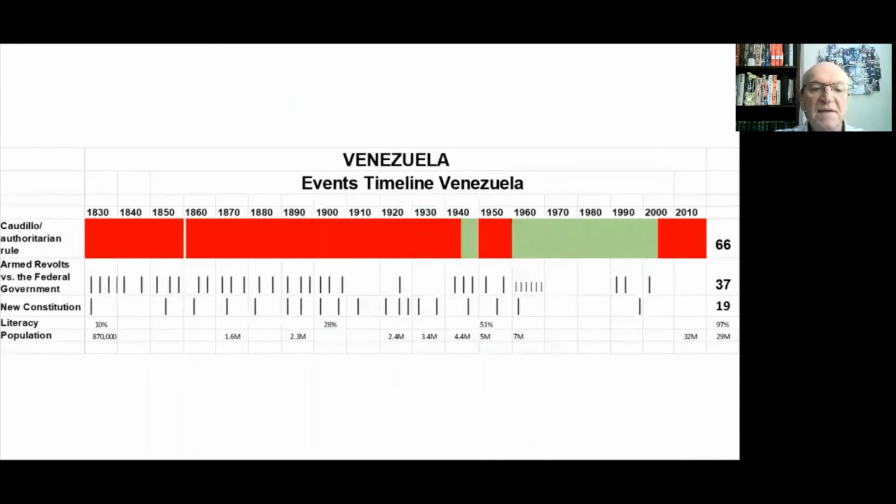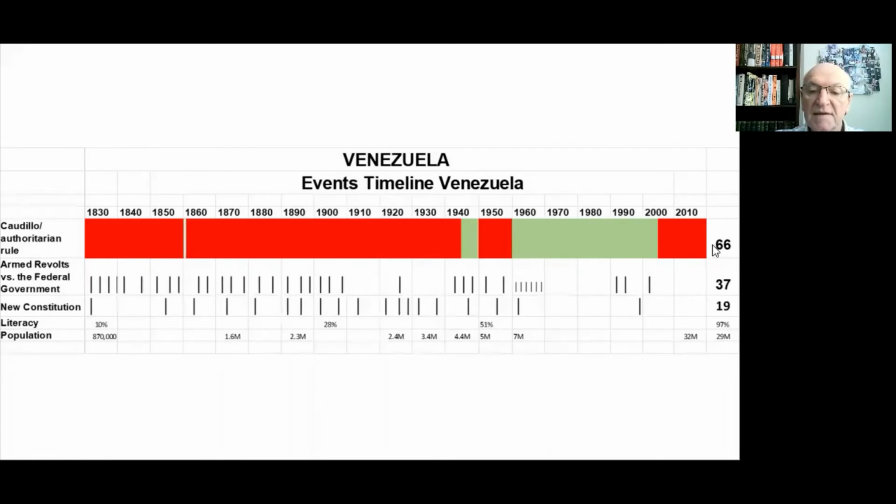So here is the Venezuelan timeline in all of its history, the 190-year history of Venezuela. The red is the caudillo or authoritarian regimes, and the green are the democratic regimes. Obviously, there is a lot more red than green.